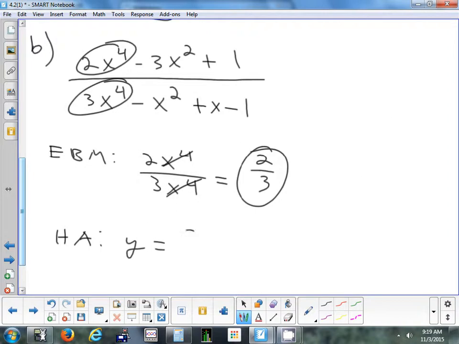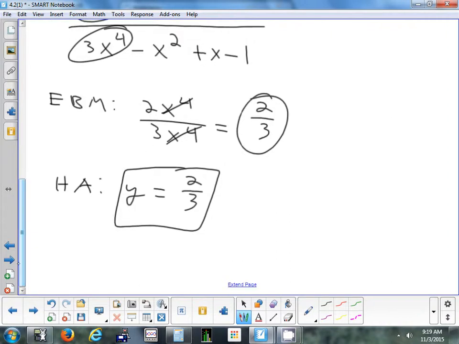It's just 2/3. It just stays 2/3 all the time. So if your end behavior model comes out to a number, that's the asymptote. There's no x. Any questions on that? All right.